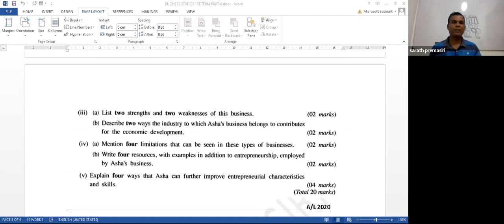Describe the two core business activities in the above case. First one is marketing or retailing, fulfilling needs and wants by retailing mobile phones. Now here you see fulfilling human needs and wants. That is the first part.